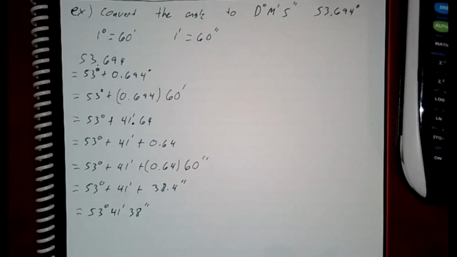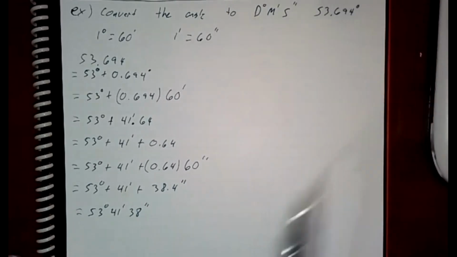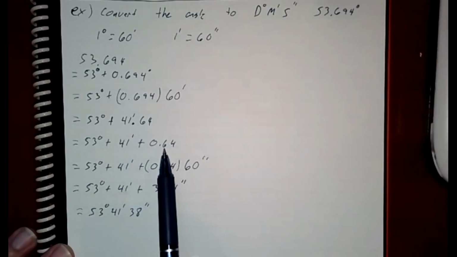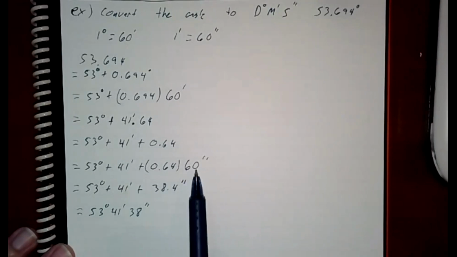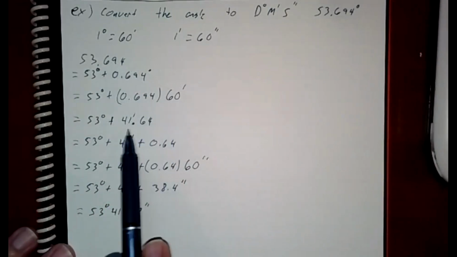Okay, do the steps make sense? Yes, sir. How did you get the 38.4? Where did I get it from? Oh, okay. So what we're doing is taking the decimal parts and multiplying that by 60. The first time we did 60 minutes, we cut off that decimal of 0.694, and then we got a new decimal.